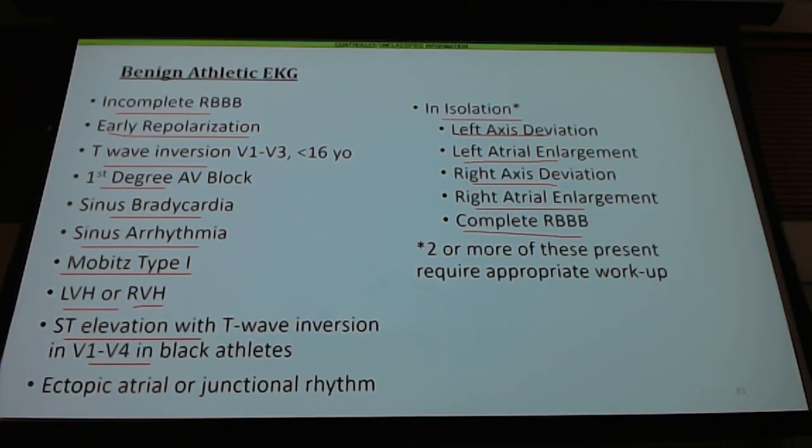So if you just have left axis deviation, that's fine. If you have just left atrial enlargement, that's fine. If you have right axis deviation, that's fine. But if you have 2 or more of these, then that is abnormal and requires a workup. So if they have left axis deviation and left atrial enlargement, they need that workup. Okay, that is an abnormal finding if they have two of those present.